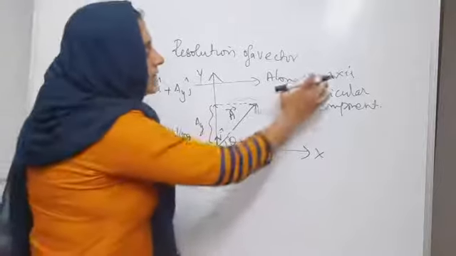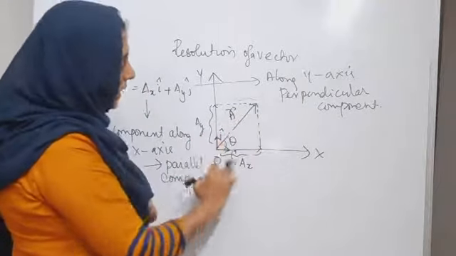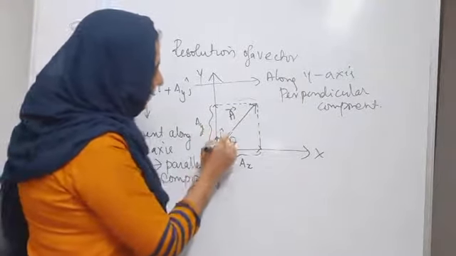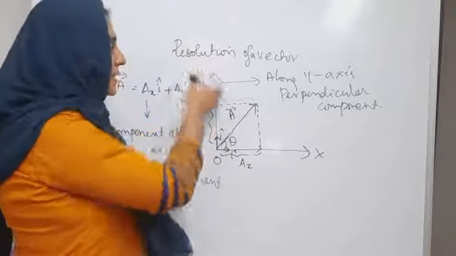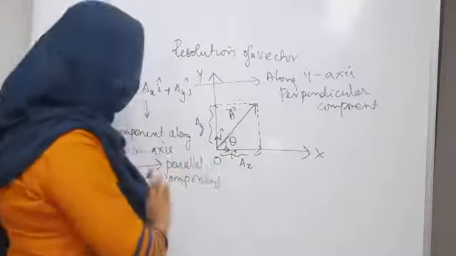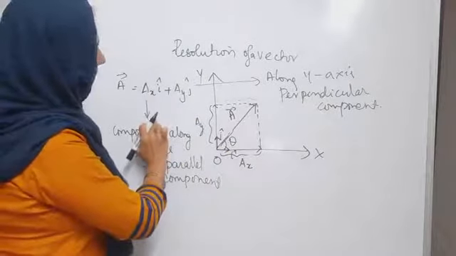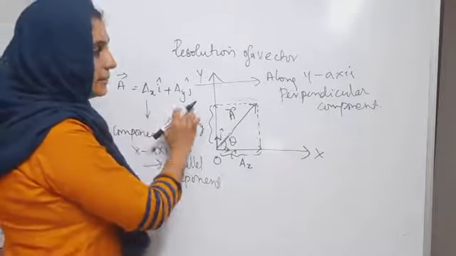And why do we consider this the perpendicular component? Because it is along a direction perpendicular to the x-axis, that is along the y-axis. So this component is known as the parallel component, and this is known as the perpendicular component.